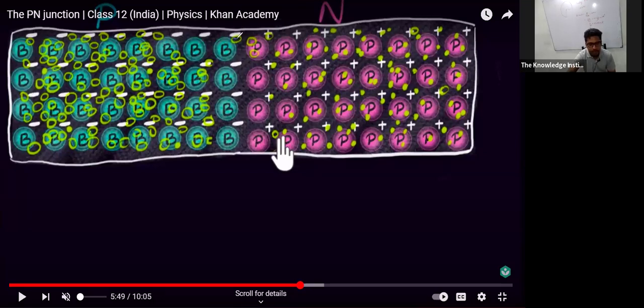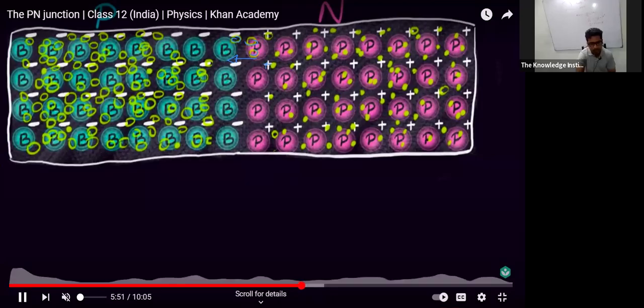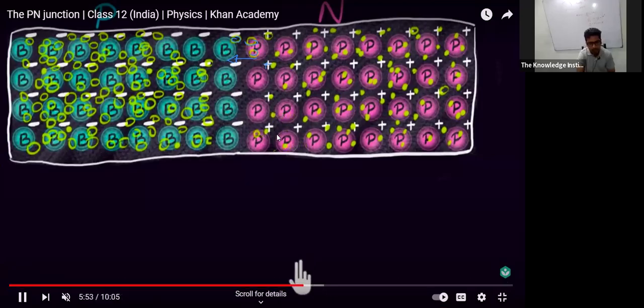As you can see here, these three holes are diffusing to this side, but due to this electric field, this side is plus, this side is minus. They will experience force in this direction. Okay, so then they will go in this direction. So here electrons are also trying to diffuse to this side.